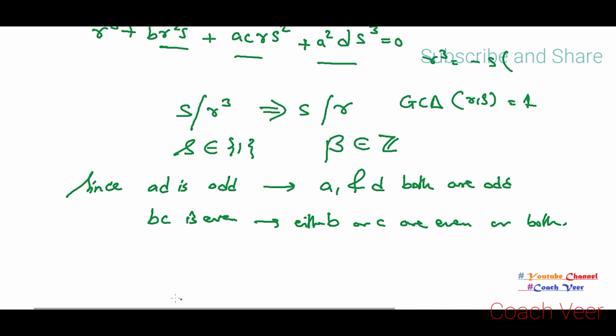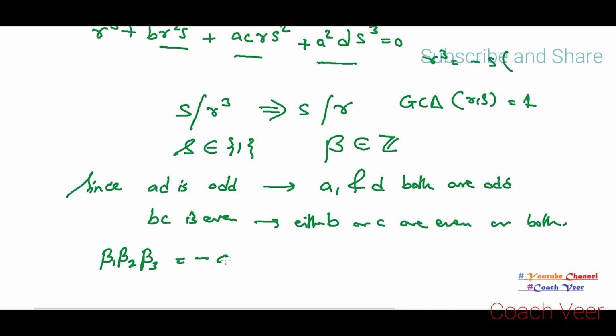Next thing is, let's summarize this. AD is odd. So what we get? This is the product of the roots. So product of the roots is beta 1 times beta 2 times beta 3. These are its roots.